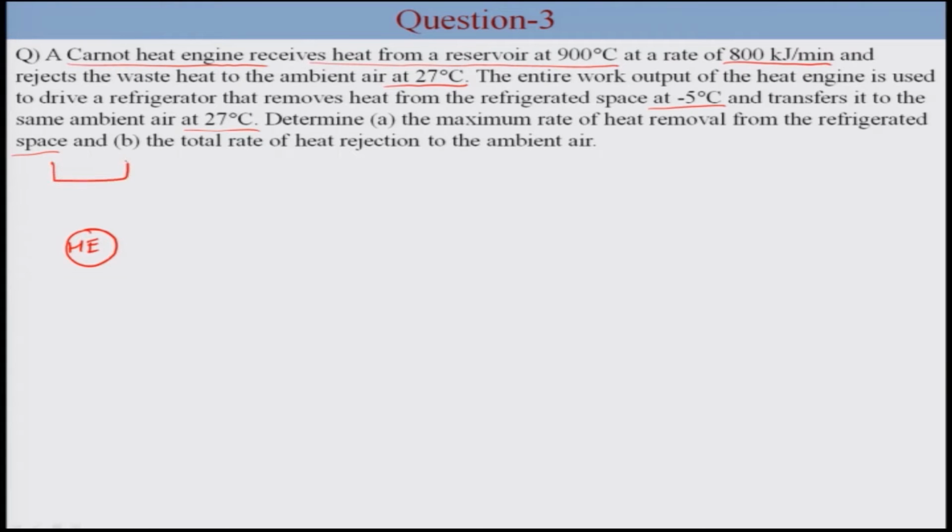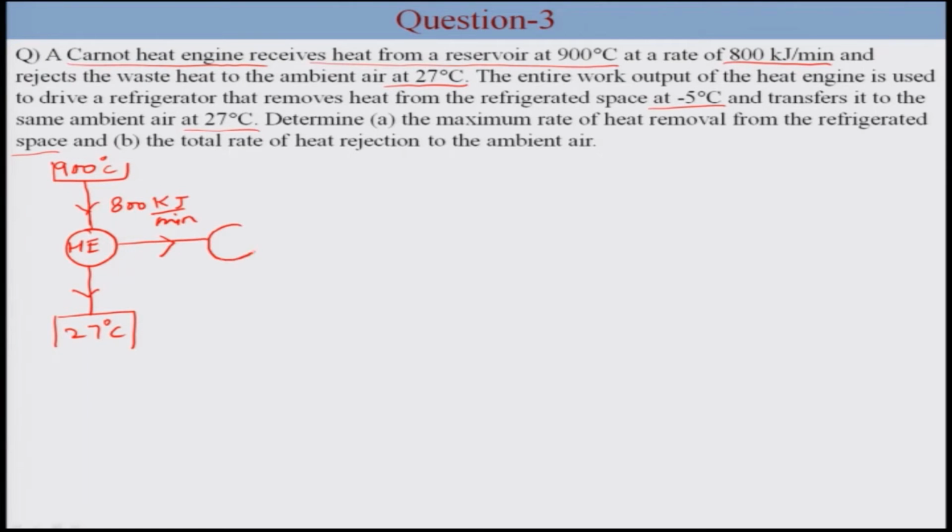which receives heat from a reservoir at 900 degrees Celsius. So this is at 900 degrees Celsius and at a rate of 800 kilojoule per minute and rejects the waste heat to the ambient air at 27 degrees Celsius. The entire work output, so some work is being produced, and this work output of the heat engine is used to drive a refrigerator.